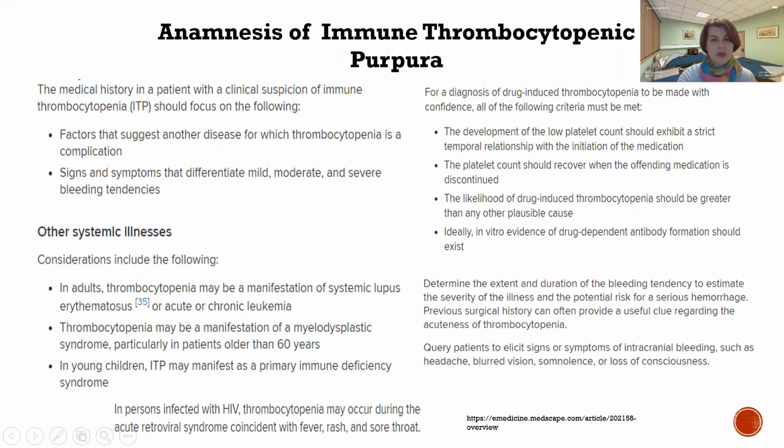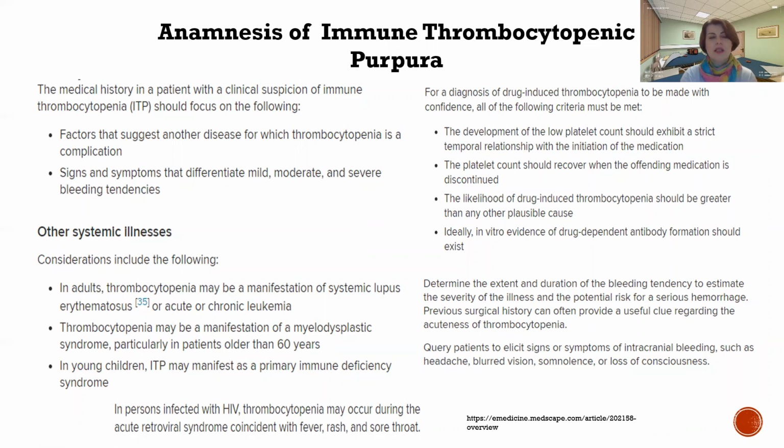The medical history of the patient with immune thrombocytopenic purpura should focus on the following. First one, the factors that suggest another disease for which thrombocytopenia is a complication, and the signs and symptoms that differentiate mild, moderate, and severe bleeding tendencies.